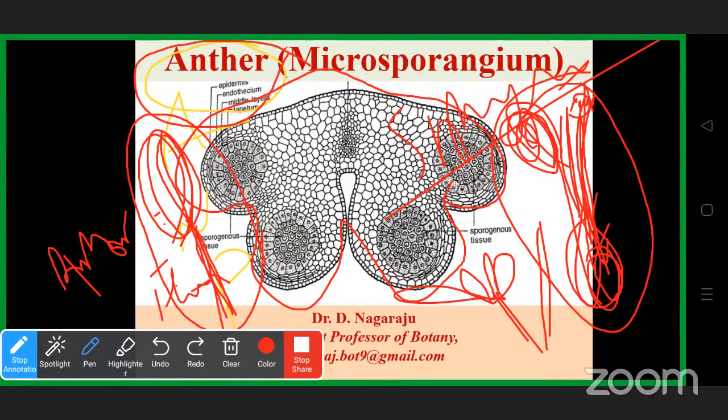Here we are going to discuss this anther, the male gametangium, also called the microsporangium structure, and microsporogenesis.